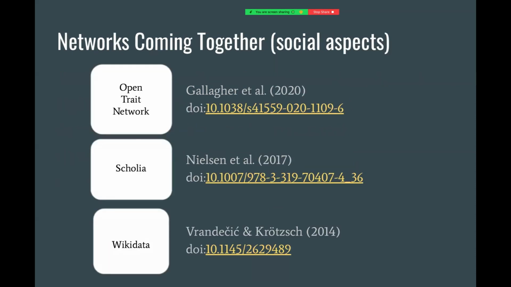Specifically, the Open Trait Network is a decentralized research network that was formed a number of years ago, and they focus on the traits of biological entities. Think of the size of the nose of a mammal, or the leaf size of a plant.